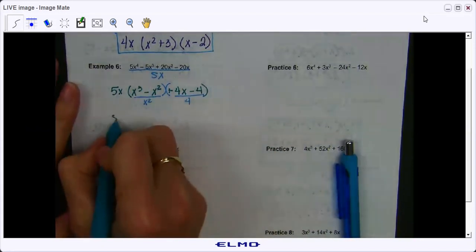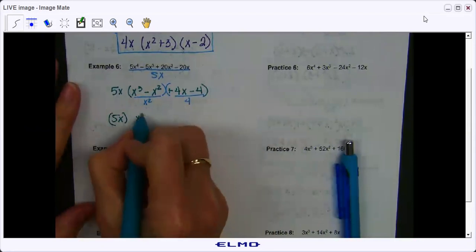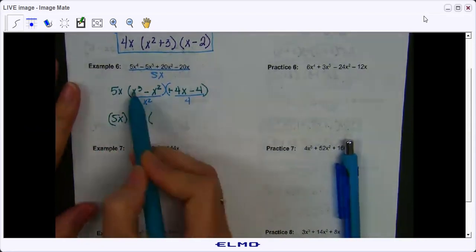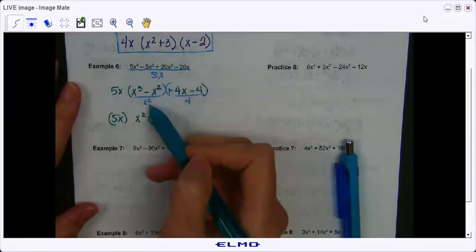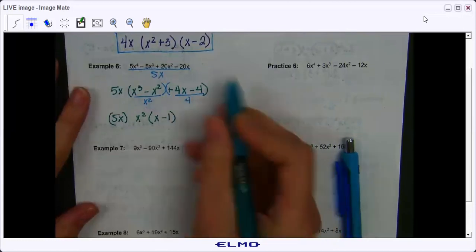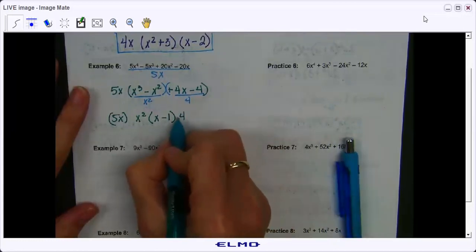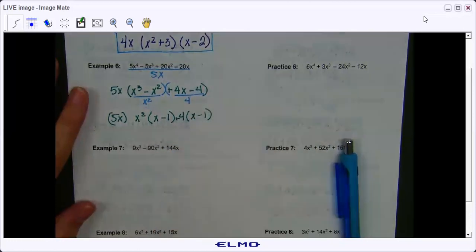So we take 5x, and then we have x squared times, and we're going to divide those. We get x. X squared divided by x squared is 1, so minus 1. And then we have our 4, it's positive, and we end up with x minus 1.